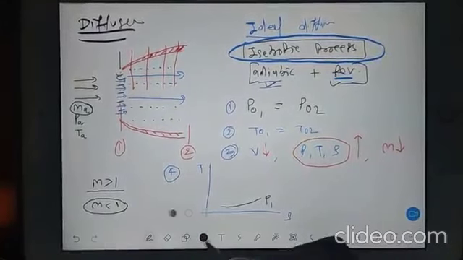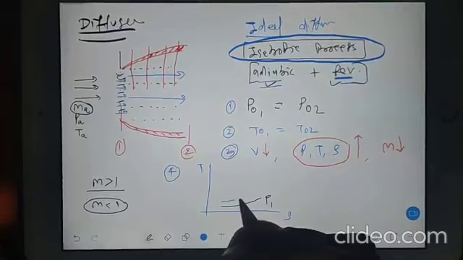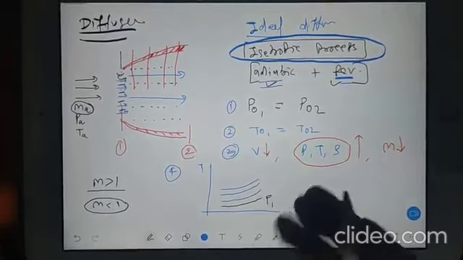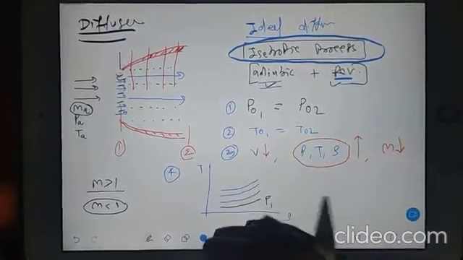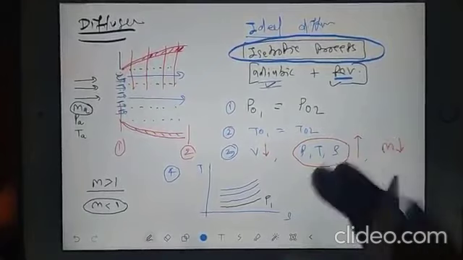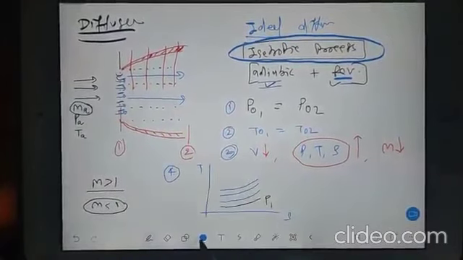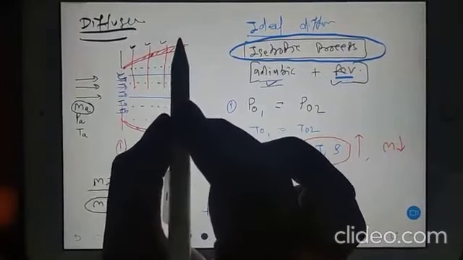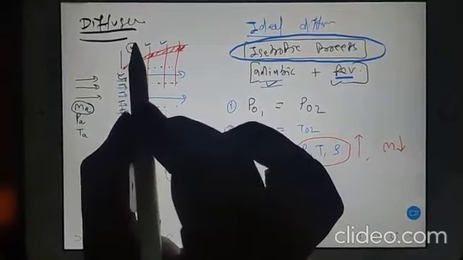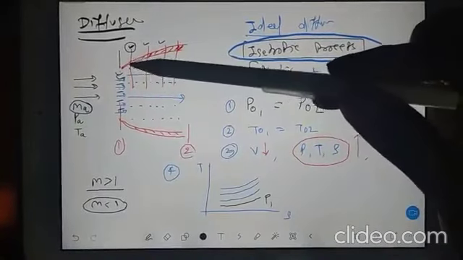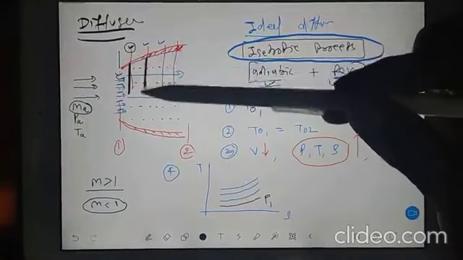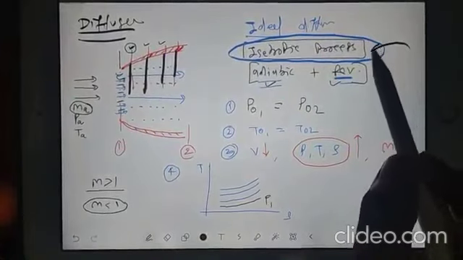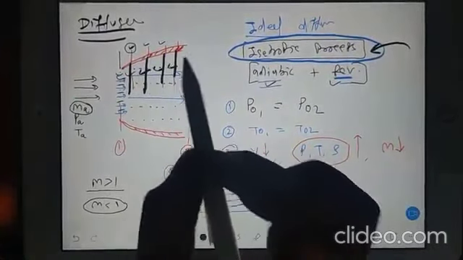Static pressure will increase, it means your pressure line will go here, here, and here. Static pressure is increasing at every section. But for every static pressure, you have its own total pressure. Here what is total, here what is total. And because we have considered isentropic flow, all the total pressures will be the same.